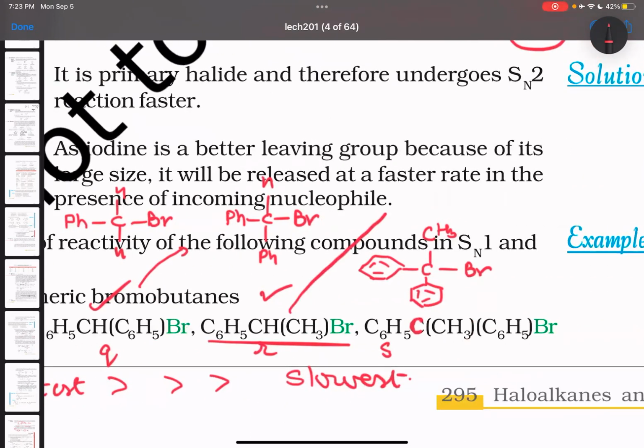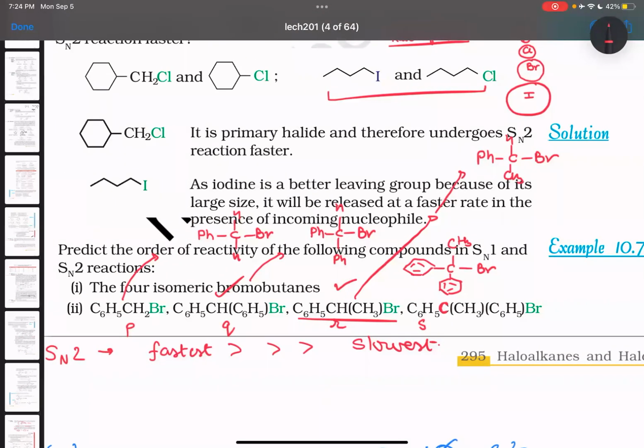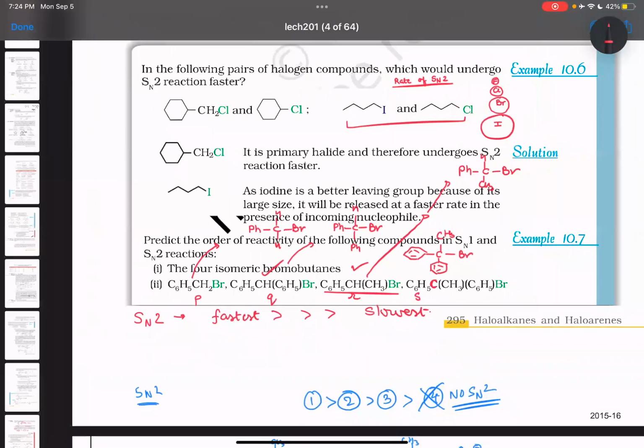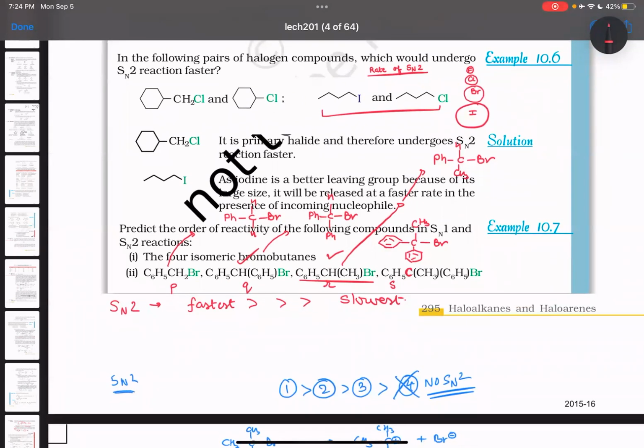And this is going to be, I will write it here, Ph C H CH3 Br, right? Okay. Yeah. So now tell me what's going to be the rate of the SN2 reaction.